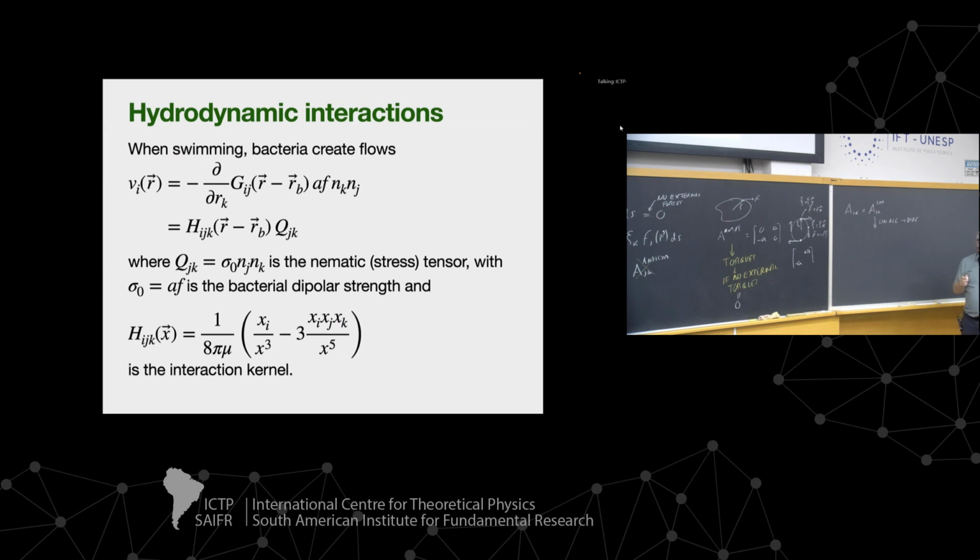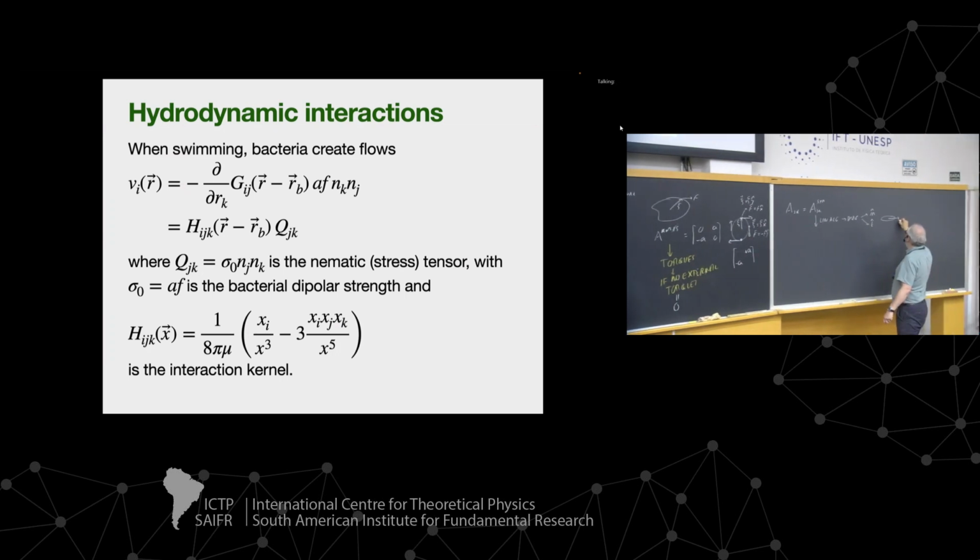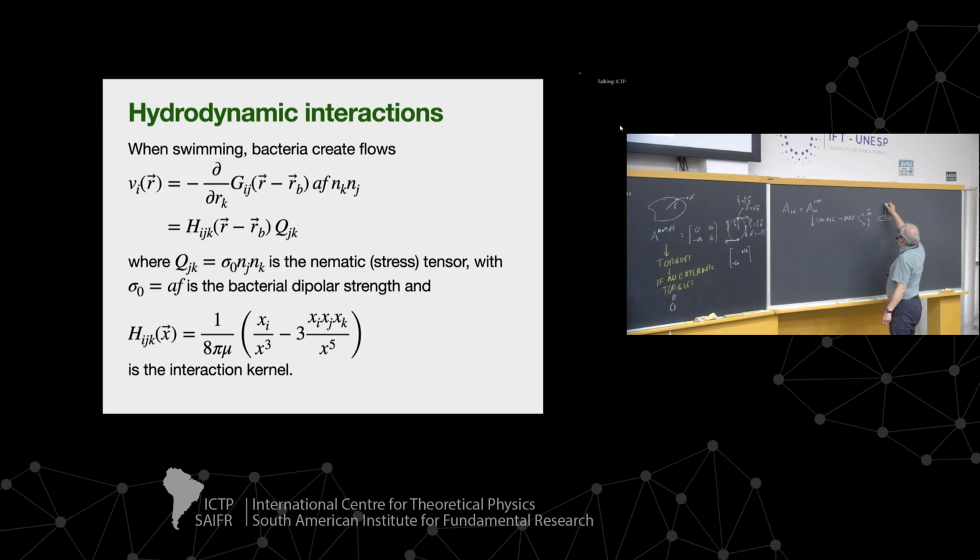So you have two principal axes. I'm going to call these two principal axes N, and the other one T. So you have N, T, and then this can be written like lambda 1 NN plus lambda 2 TT.